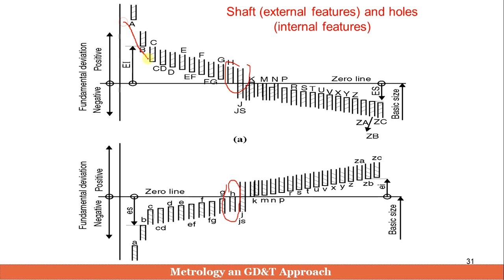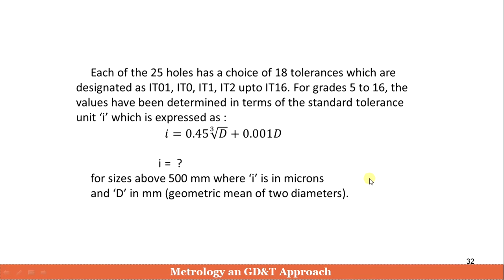This line indicates the lower deviation, and this line indicates the upper deviation. Over here we have this distance as the upper deviation, and from this to this we have the lower deviation. So from A to H we have ES as the fundamental deviation, and from K to Z we have the upper. So the following things can be understood.